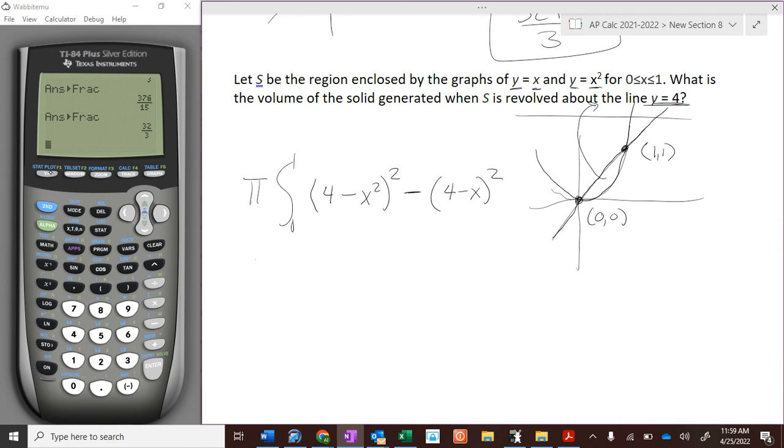So, if we graph them, y equals, clear, (4 minus x squared) squared minus (4 minus x) squared. Graph.